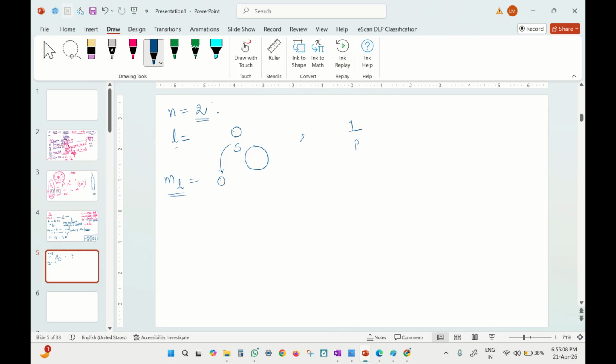Okay. Now coming to P. P subshell. For L is equal to 1, what are the possible ML values? What is the range? Plus L, 0 and minus L, correct? So how many orientations are possible for the P subshell? 3. Can the P also be spherical?